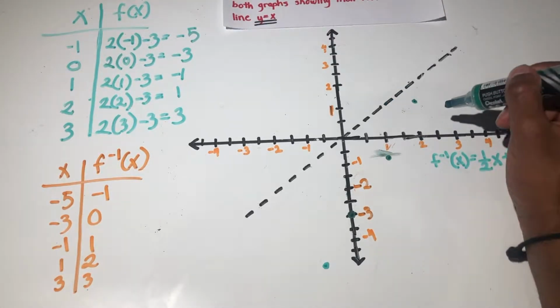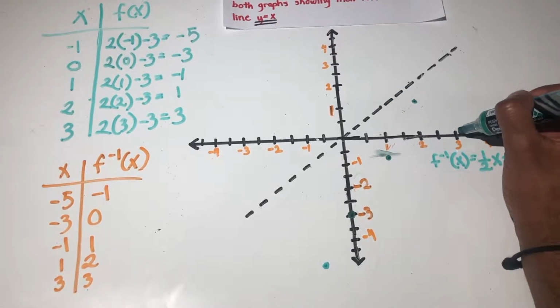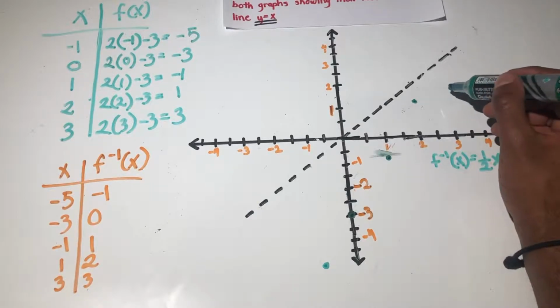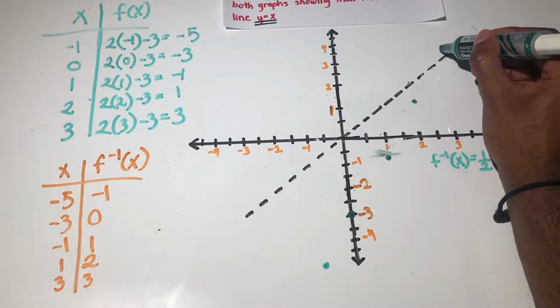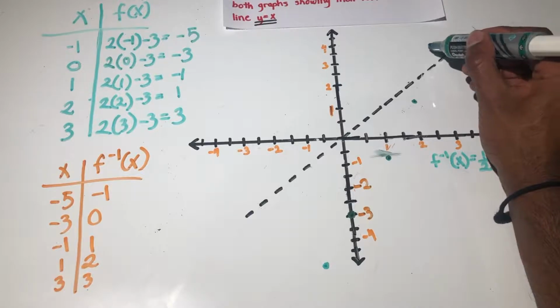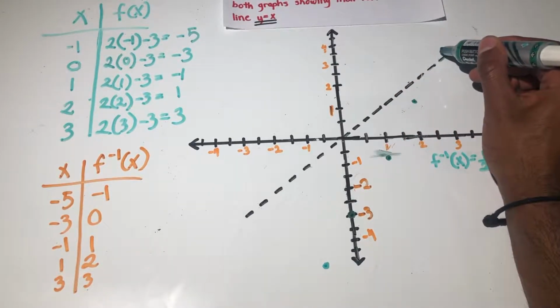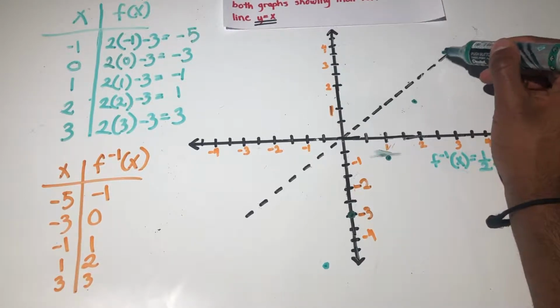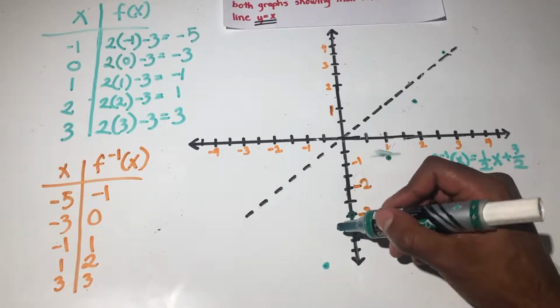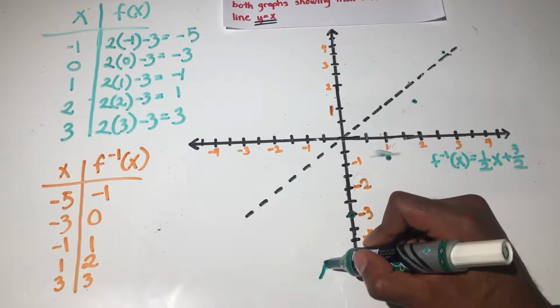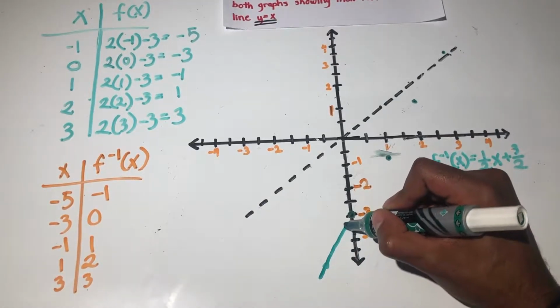And finally, we have 3 and 3, so 3 and all the way to the top, 3. Somewhere here. This graph is going to go on forever, but let's go ahead and connect those dots.